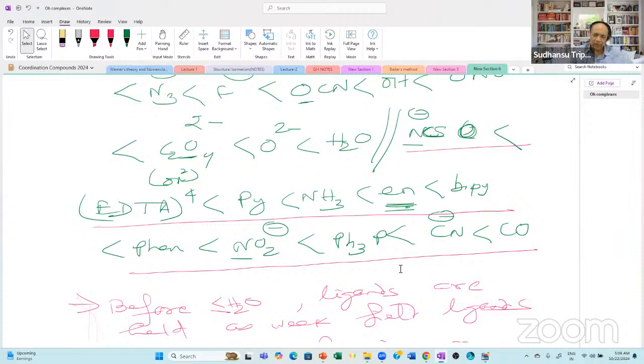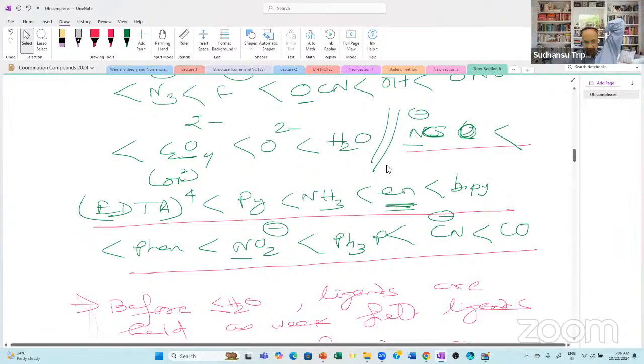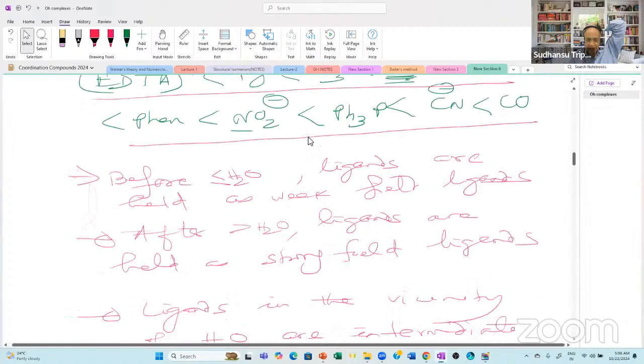That will be known in MOT. But we have already ordered them relatively, with their values found out, keeping two things fixed and varying the third thing. We have found out their del O values, but we do not know why chloride, bromide, iodide are very weak field ligands, while these are very strong field ligands, while water and amines are all intermediate field ligands, right?